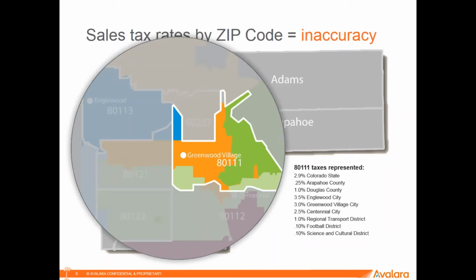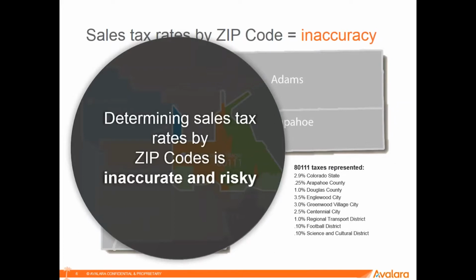So if you're using a zip code rate table, you're not going to get the level of detail and complexity for correctly assessing what sales tax should be for that area. And this is the issue that Avalara and our product AvaTax will address for you. So just determining that zip code rate table is a very inaccurate way of doing things.